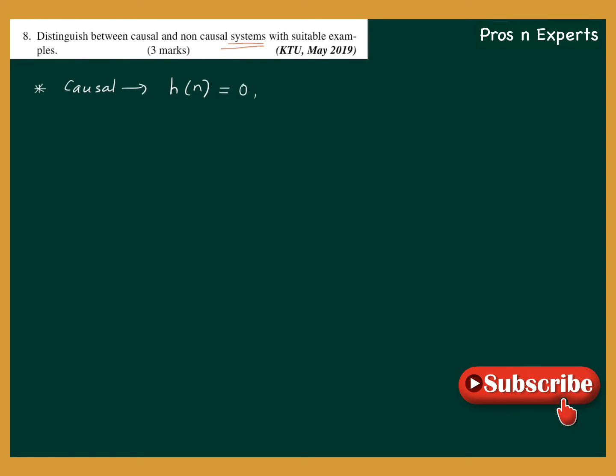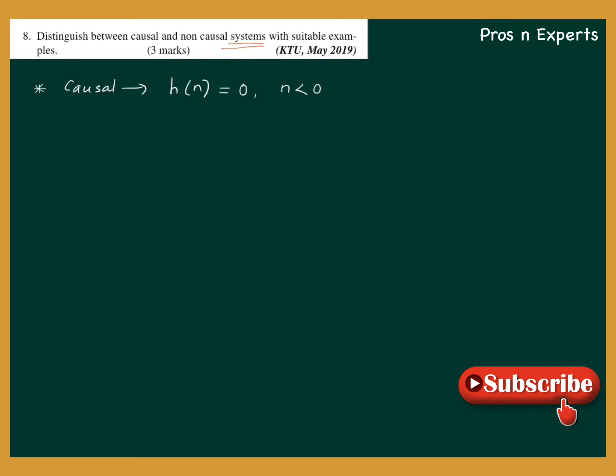So the answer should contain the following points. The first point is the essence of the answer, which says a causal system is a system whose impulse response, which we denote as h of n, will not contain any samples for negative time axis.